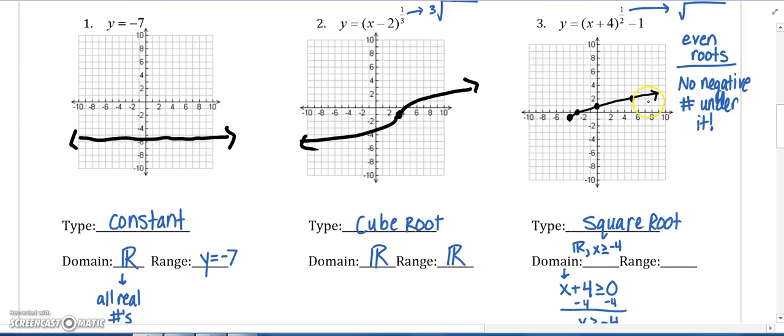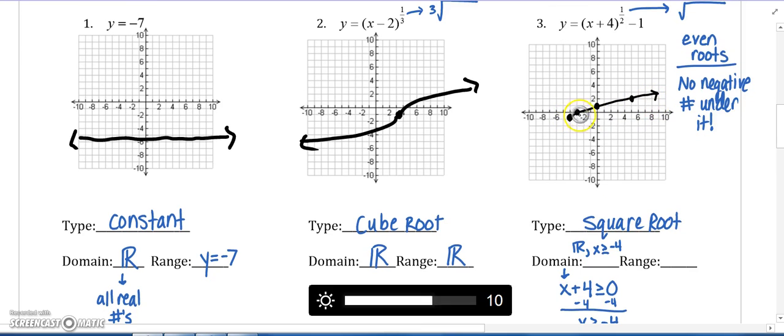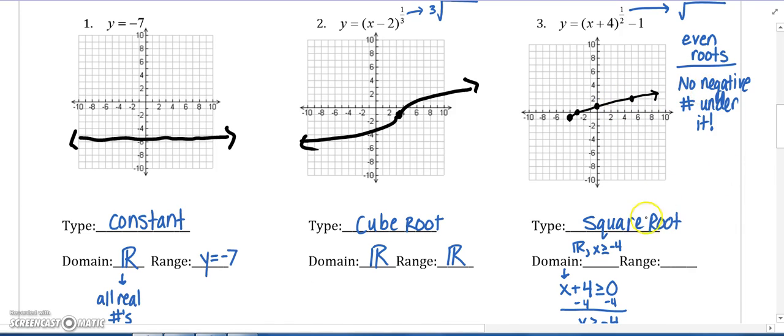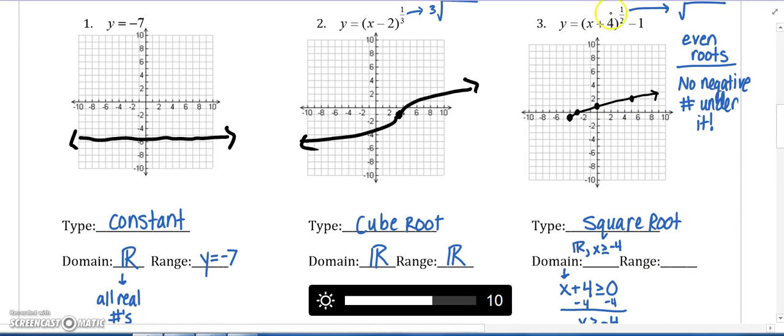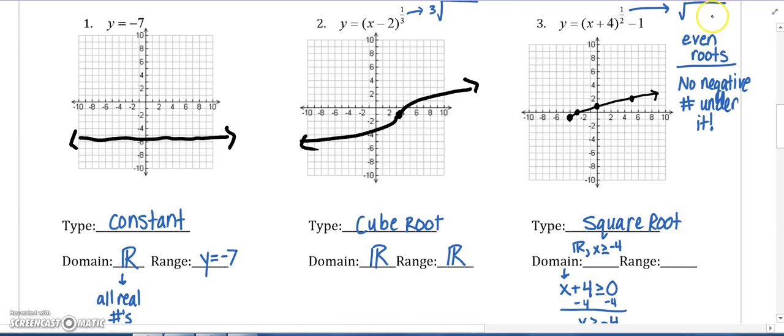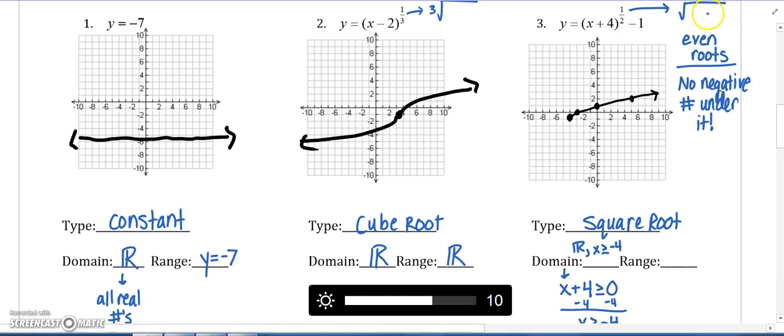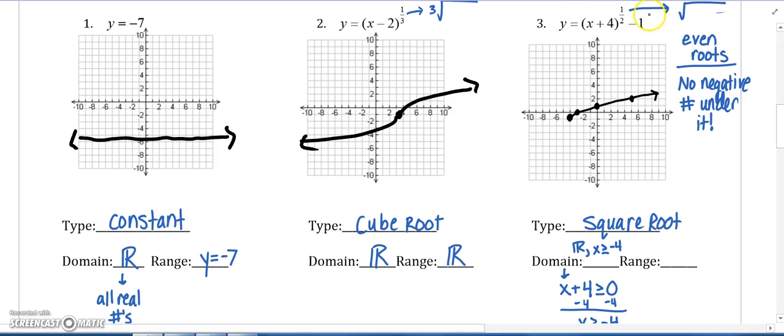You can see based on the graph that that makes sense. There's -4, it's going to the right, so it's got to be bigger than -4. For my range, since we can't have negatives underneath a square root, we're never going to have negatives outside of a square root. So this complete function should never be negative. And if you look at our graph, that's the easiest way for range.